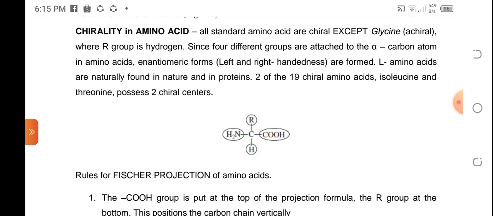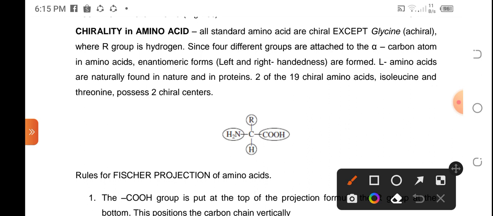Okay? So, with this, let's have the Fischer projection of amino acids para malaman natin kung ang isang amino acid ay left-handed, L-amino acid, or right-handed, or that is the D amino acids.